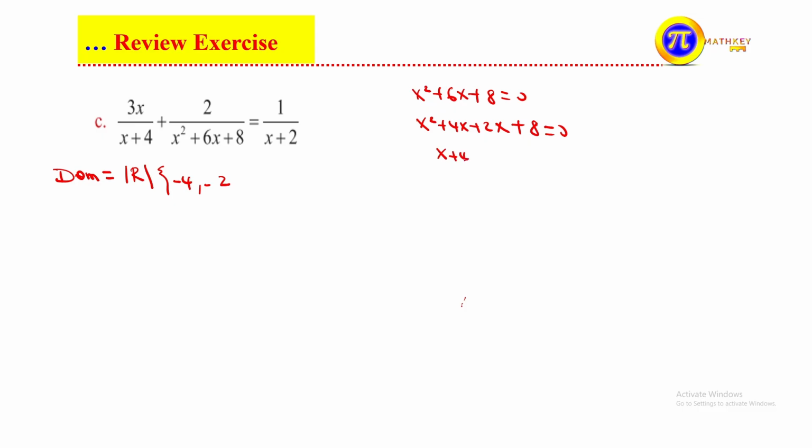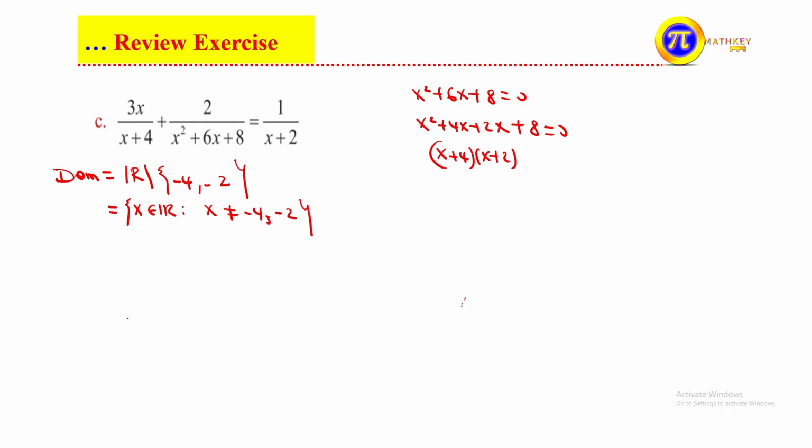The factors are x plus 4 and x plus 2. So the domain is the set of real numbers except negative 4 and negative 2. We can express this as x is an element of the real numbers such that x is different from negative 4 and negative 2.